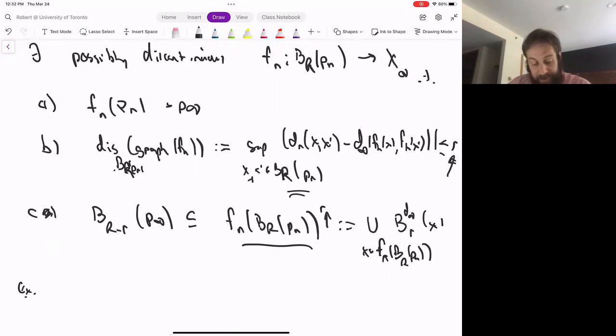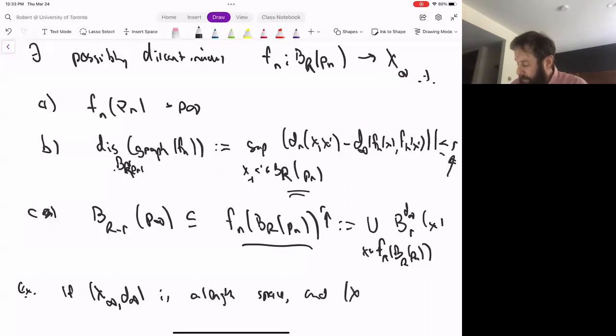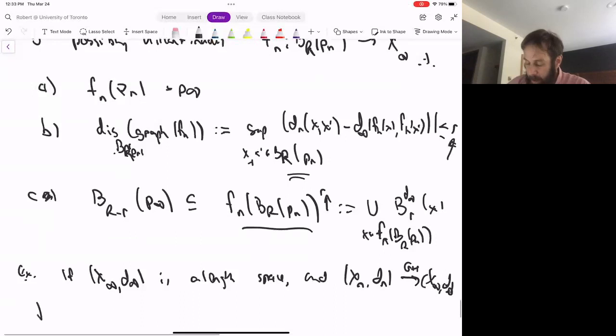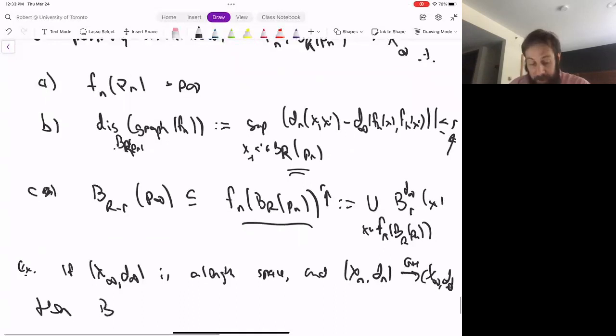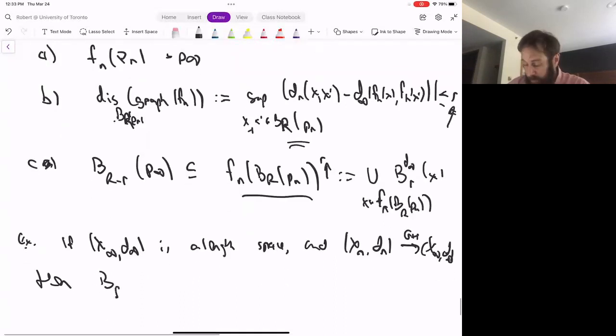Burago and Ivanov have an exercise which says that if the limiting space is a length space in this definition, and a sequence Gromov-Hausdorff converges to it, then it's true that the large balls converge around the distinguished points.